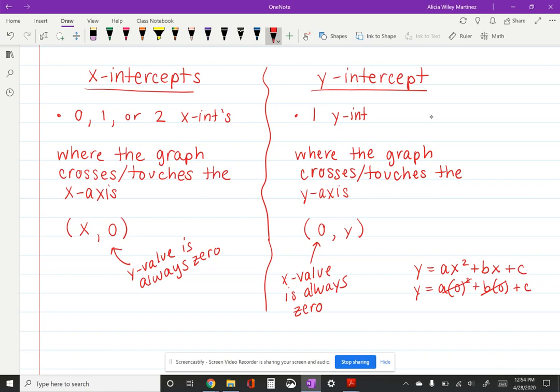So whenever it's in this form, you can see that it's going to be fairly simple to see, no pun intended, that the y-intercept is going to be this value here whenever you evaluate the function when x equals 0. So later you will see the connection that the y-intercept can also be thought of as the point 0, c, where c is that constant value in standard form.